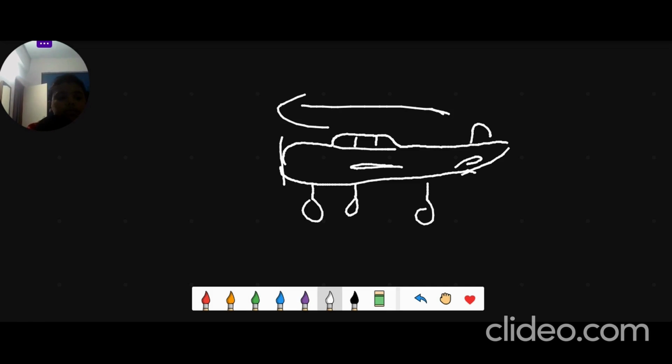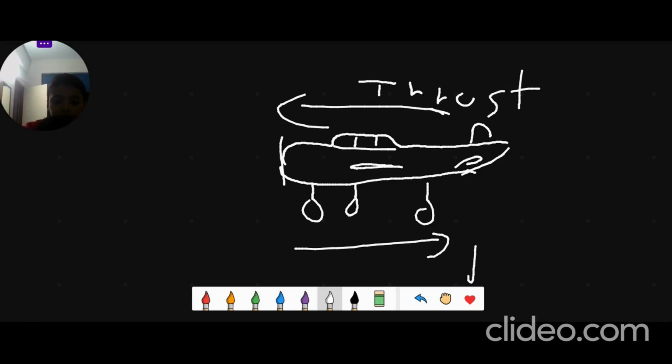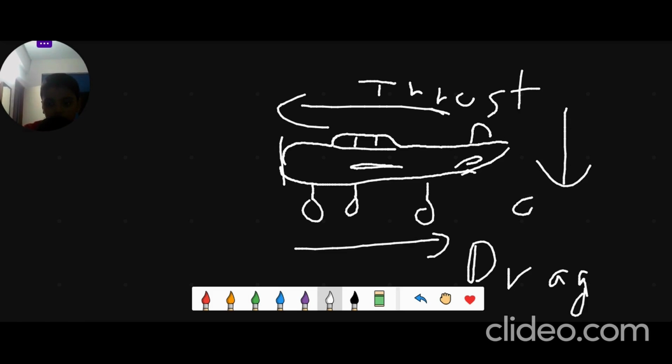The one that takes you forward is called thrust. And here comes drag. It's basically air resistance. And this is very well known, gravity.